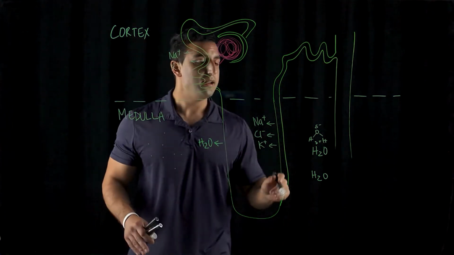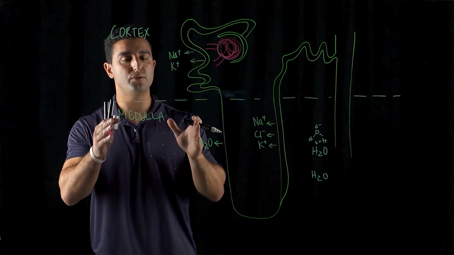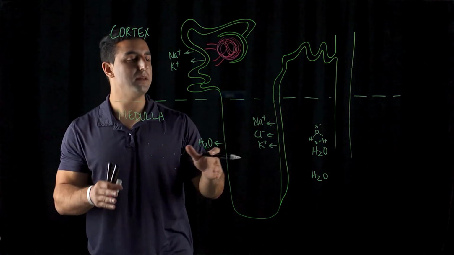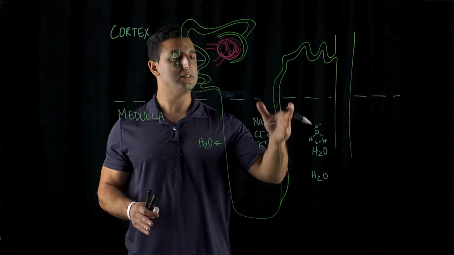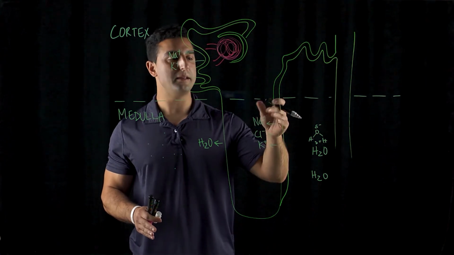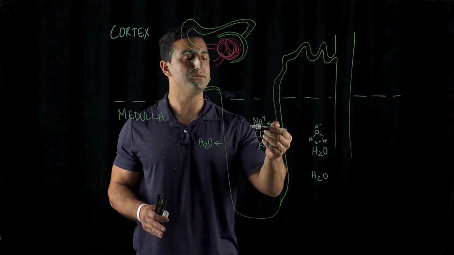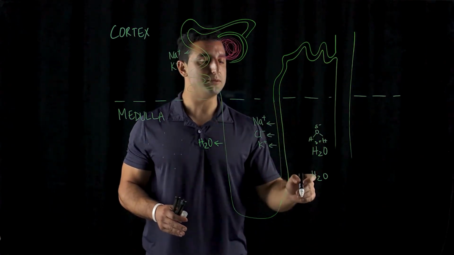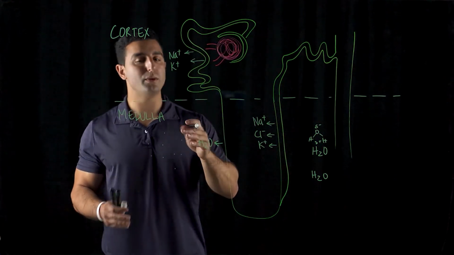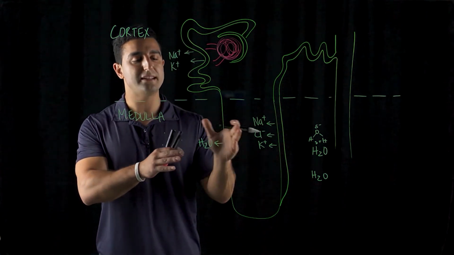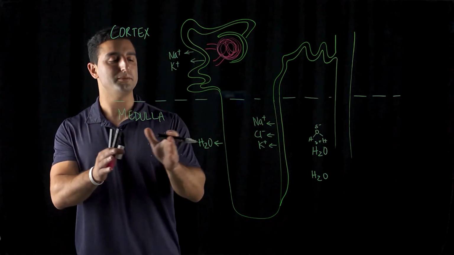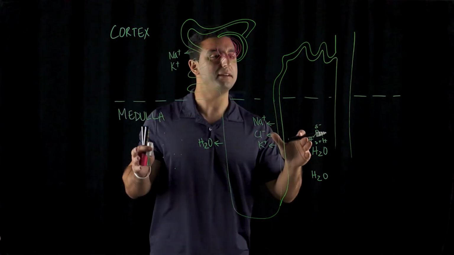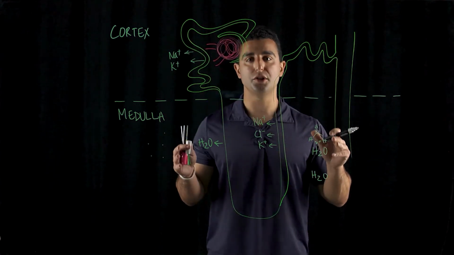Now, when there is a very dilute material based off of this phenomenon, this causes the ascending loop of Henle to begin actively transferring sodium, chlorine, and potassium into this medium. So we want to add more salt, because if, for example, in a passive process too much water is being pushed out, remember, in the medulla you want a very, very high concentration of minerals.